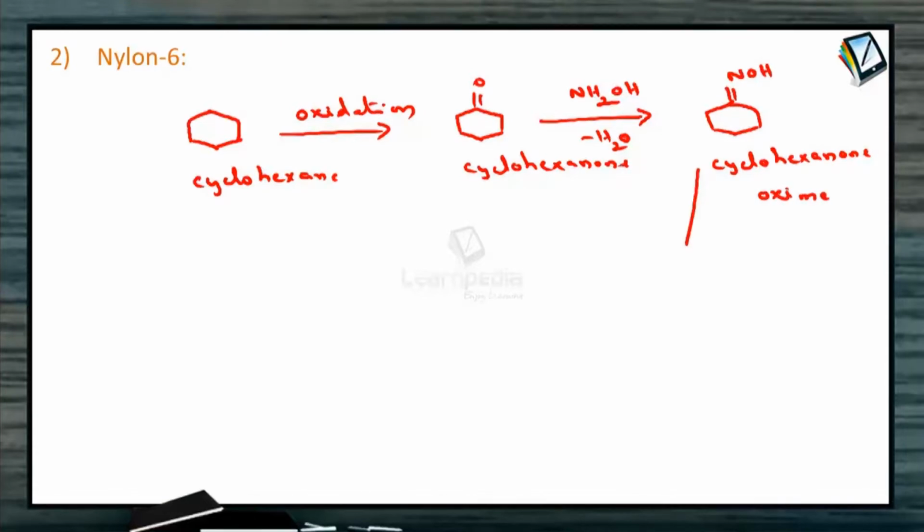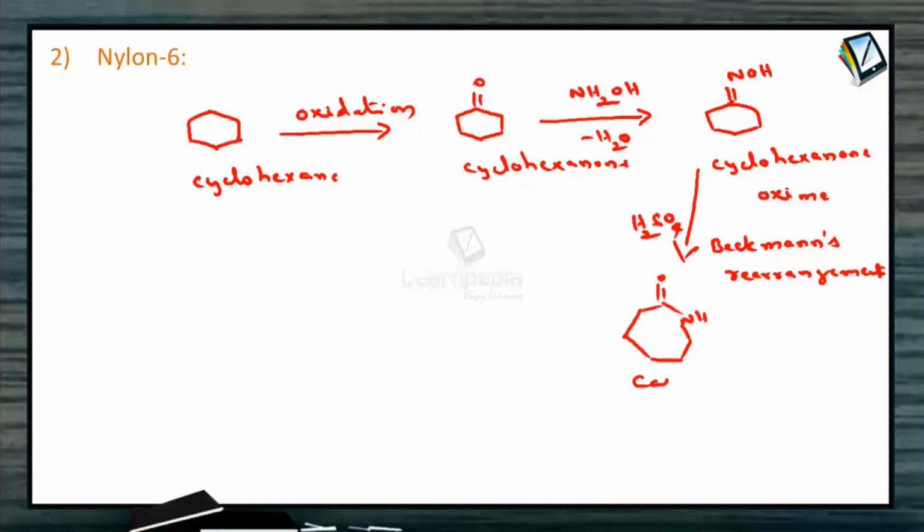This on Beckmann rearrangement gives caprolactam by carrying out the reaction in the presence of an acid such as sulfuric acid, where this caprolactam can be shown. So this is known as caprolactam, which is obtained from cyclohexane. This will be used as a monomeric unit in making Nylon 6 polymer.